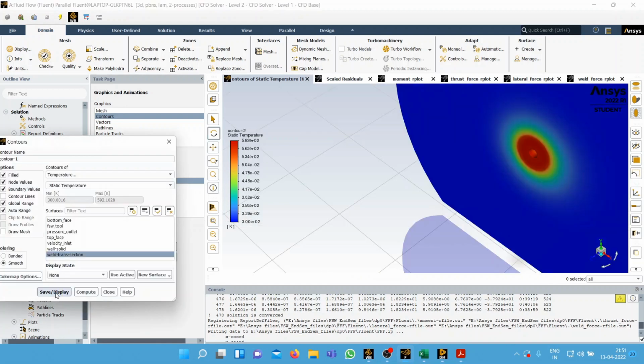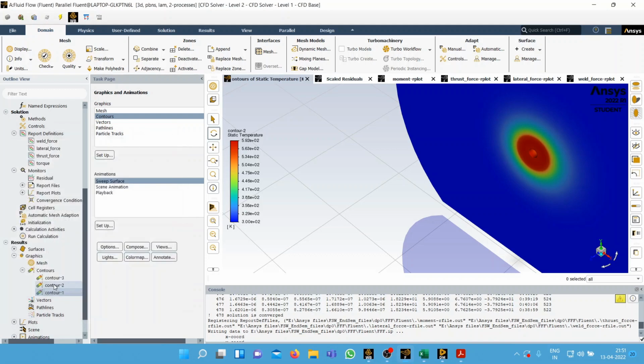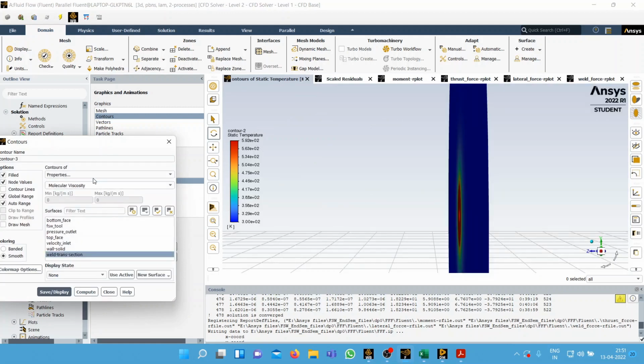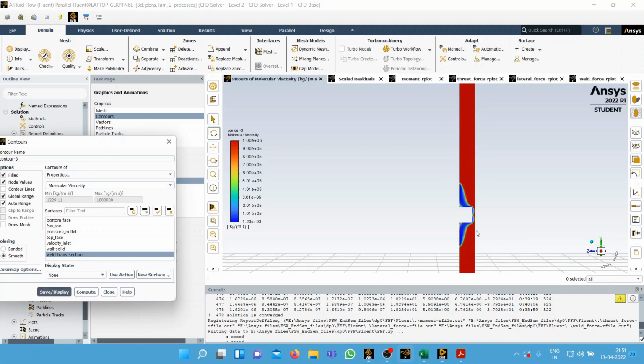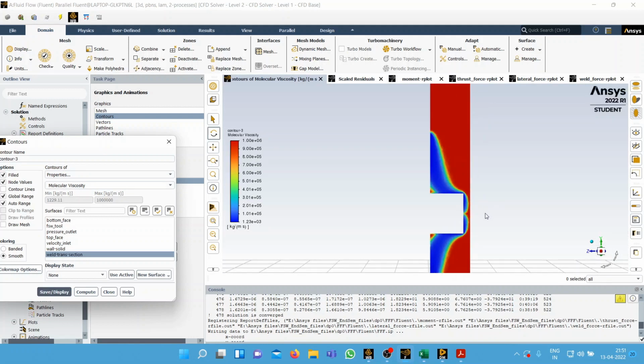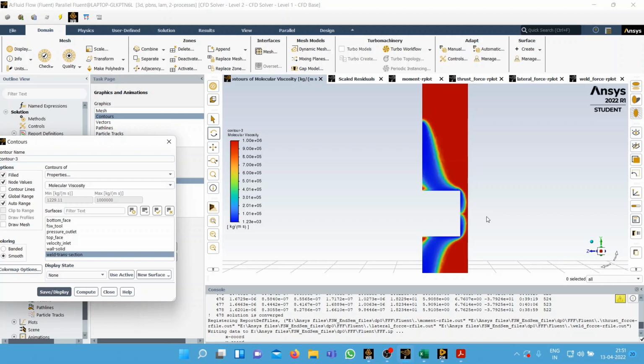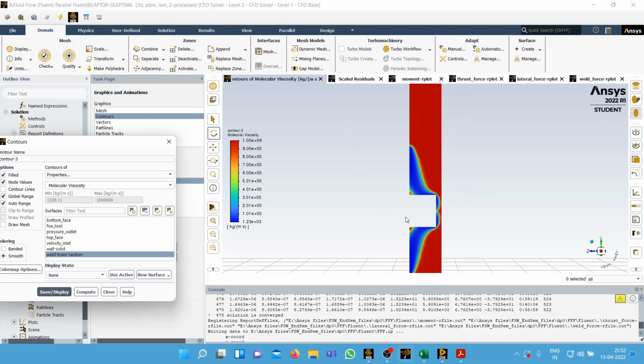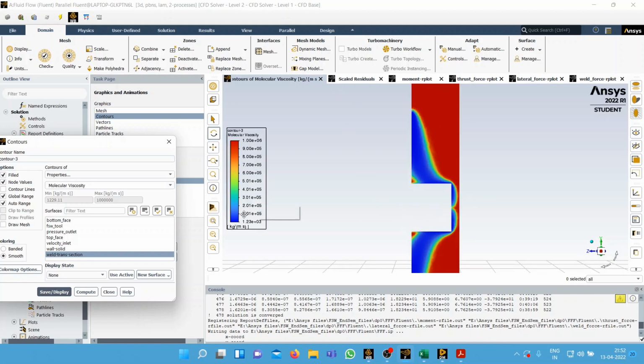And this is the contour of the viscosity. Generally, wait, let me again tell you. Contour of the properties, I have taken the molecular viscosity. From here we can see how the flow of the material is taking place, through the effect of the viscosity.